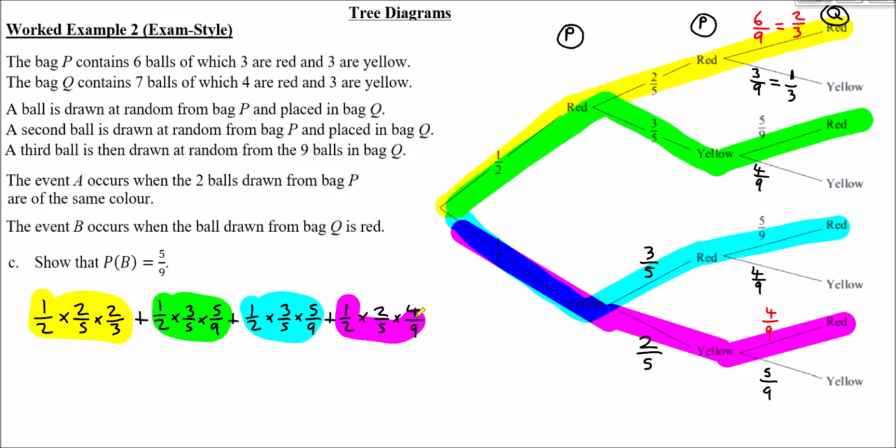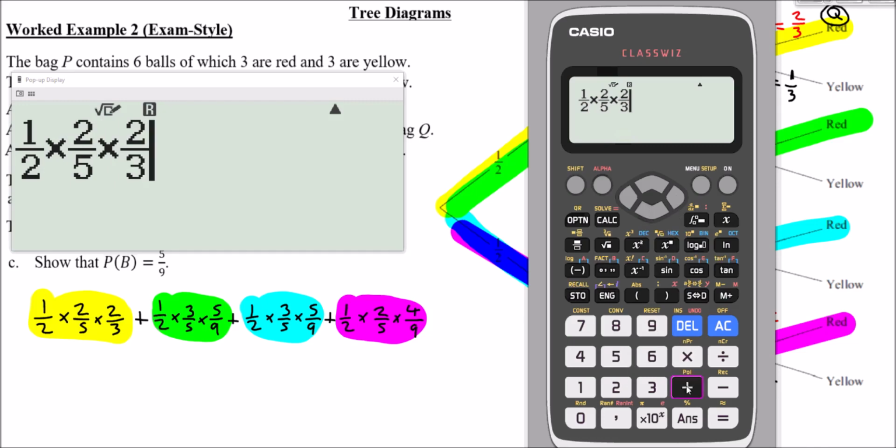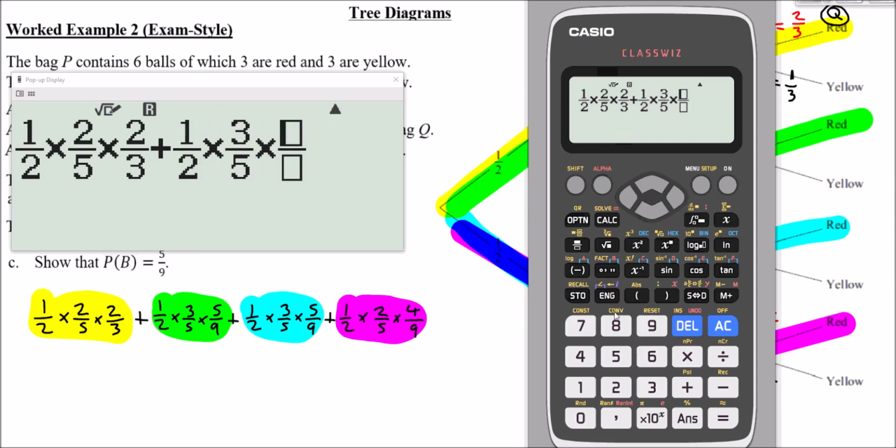So the thing we need to do now is very, very carefully indeed, just key this in on a calculator without making any errors. So we've got 1/2 multiplied by 2/5 multiplied by 2/3 for the first fraction string. So that's the first one done. Then we're going to add on to that 1/2 multiplied by 3/5 multiplied by 5/9. Now if we notice, this one in blue is exactly the same as this one in green. I can just multiply this whole thing by 2.